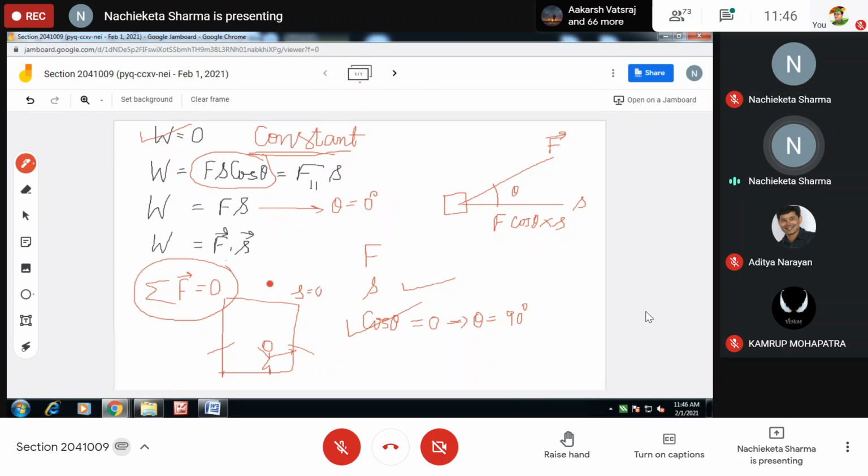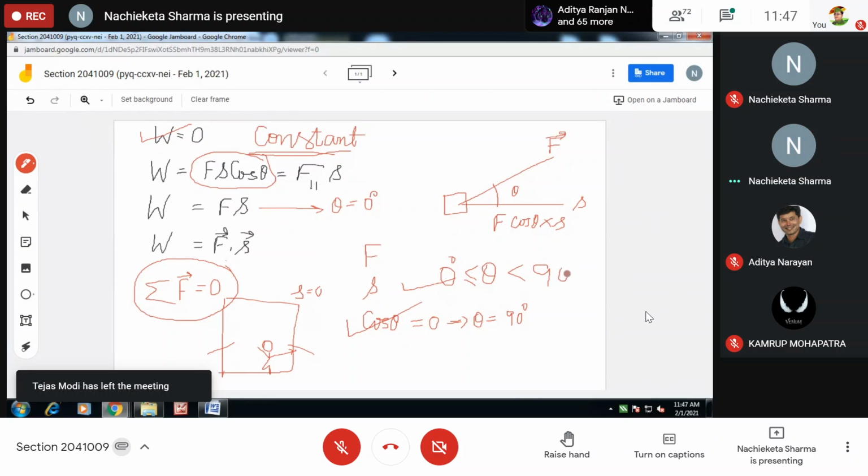Now, what is positive work? Here your work is positive when theta is between 0 and 90 degrees, but less than 90 degrees. When theta is greater than or equal to 0 degrees and less than 90 degrees, that is an acute angle, work done is positive.